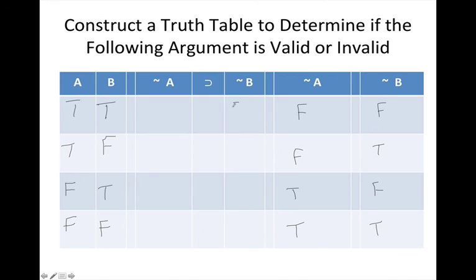So we need to determine the values for tilde B first and tilde A first. It doesn't matter whether you do tilde B first or tilde A first, but you have to do the tildes first. Then you can determine the horseshoe.